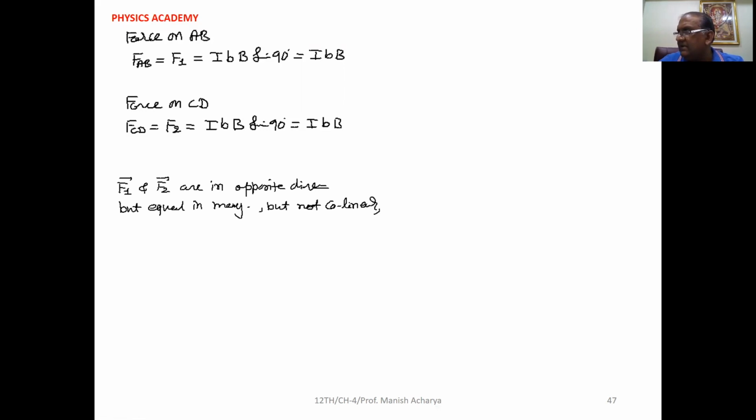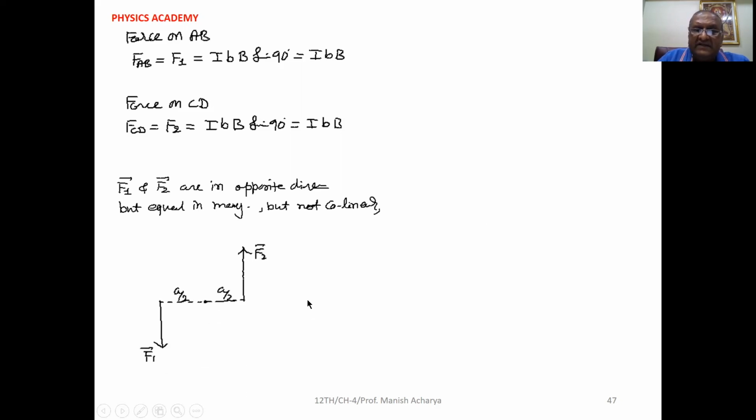And here, suppose we consider this type of rectangular loop, then on this particular side, if the force is in this direction, then on this particular side, the force will be on this side. So these two forces are in mutually opposite directions and not collinear. These two forces are not acting on the same line. So it will produce the torque.